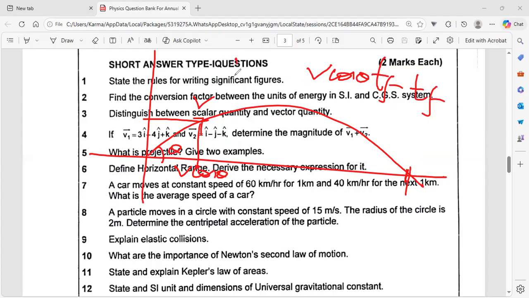I use this particular relation. Time of flight, how do I find it? The motion along the x-axis is given by x equal to v cos theta, and along y it will be v sin theta. I'll find the velocities, of course.